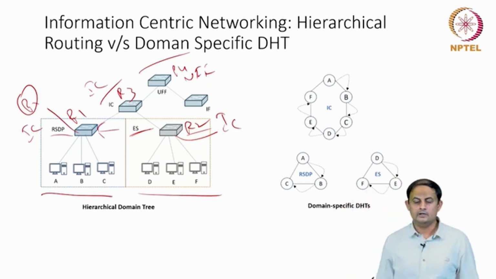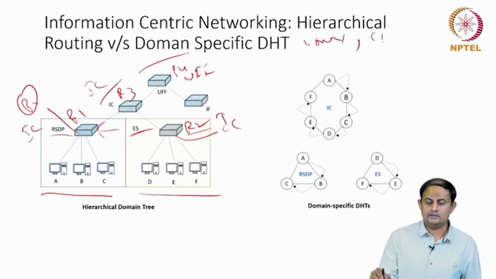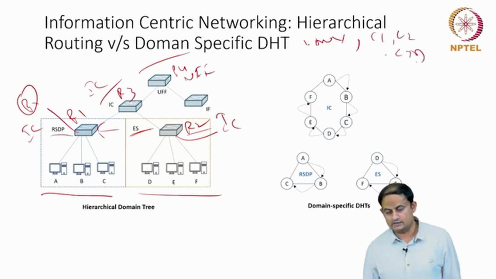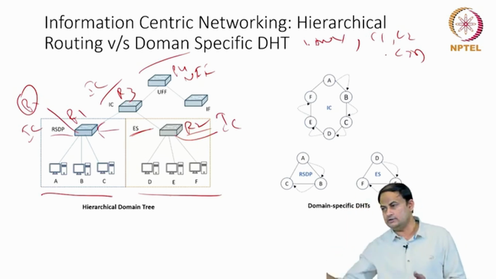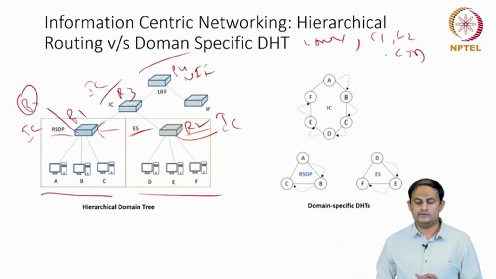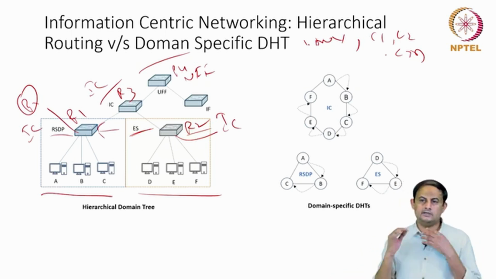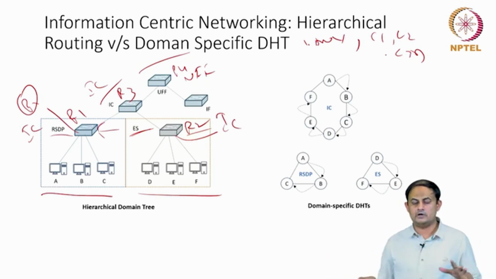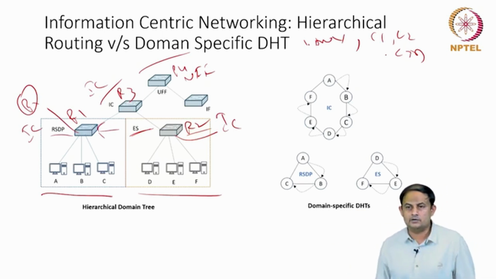For example, if you are interested in a movie, client number 1, client number 2, and so on up to client number n might be having that content. So for every piece of information, the list of all the clients which have that content is built, and this list is constantly updated and propagated among the nodes that are part of the peer-to-peer networking structure. So that is how they operate.